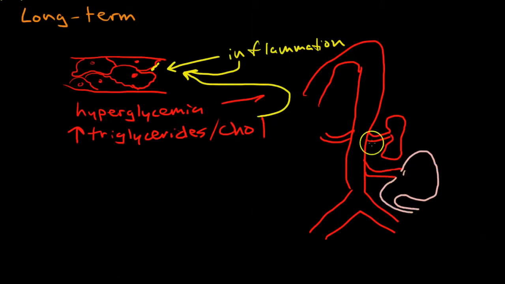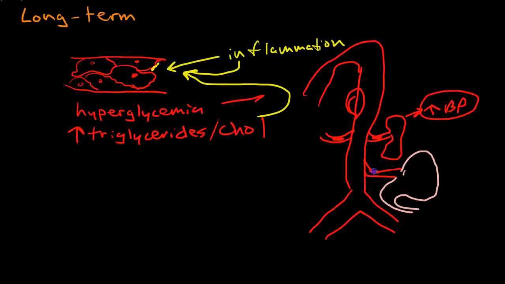So what can this cause? All sorts of problems. It can cause aortic aneurysms to form. It can cause atheromas to form in the renal arteries, causing renal artery stenosis, which can increase blood pressure. It's a secondary cause of hypertension.